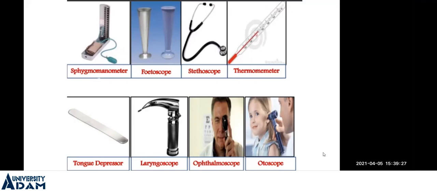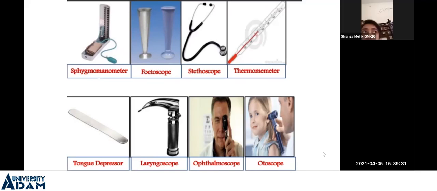Okay, yes. What else? Yes, ma'am. Then we will check his organs from head to toe, which include skin, face, eyes, mouth.